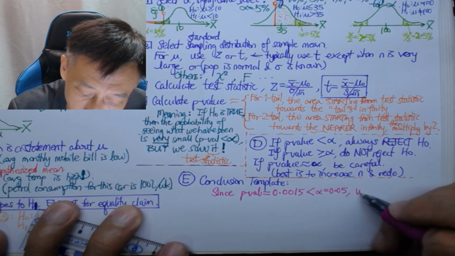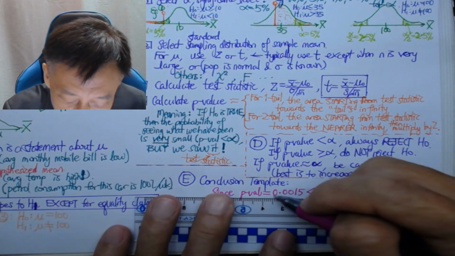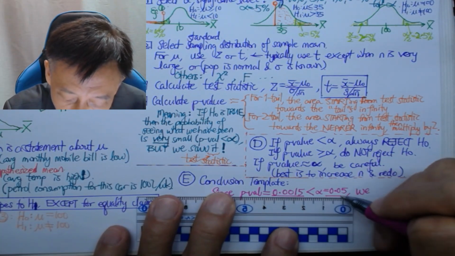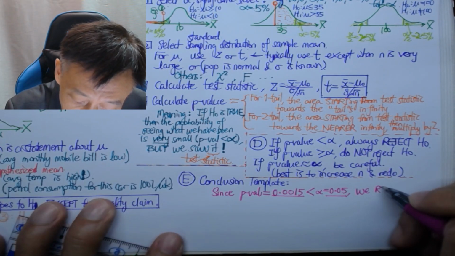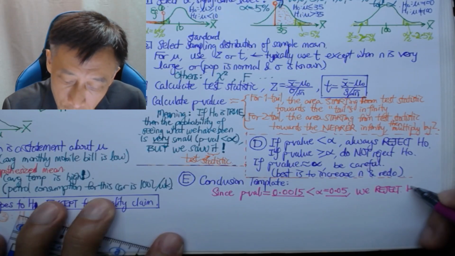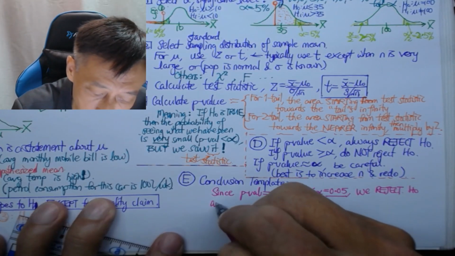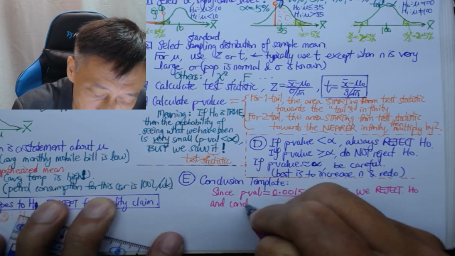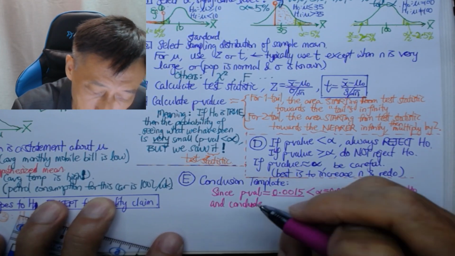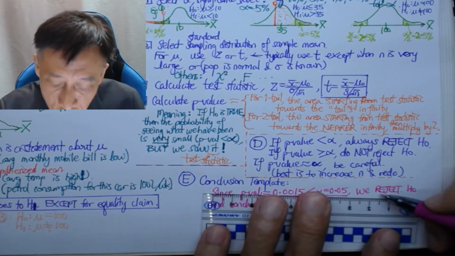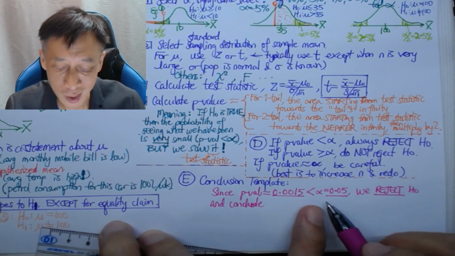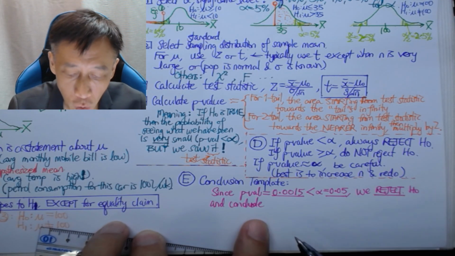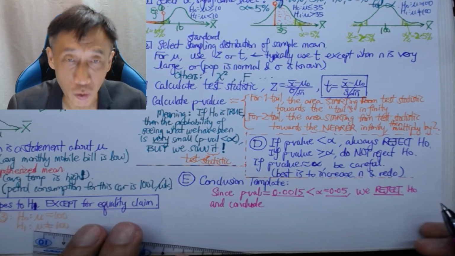If I underline, it means you will replace it with your own: we reject H naught and conclude. So we reject H naught because p-value is less than alpha, and conclude whatever follows.